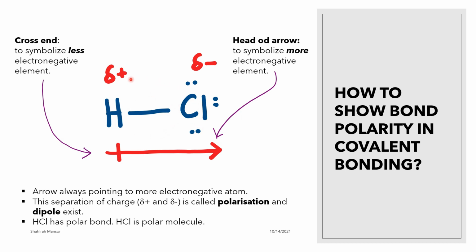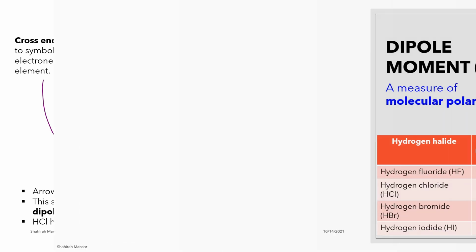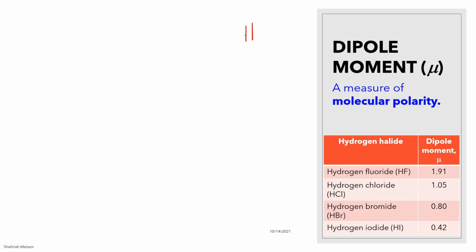So here HCl has polar bonding, so the whole molecule will be polar molecule. HF is a polar molecule because the only bonding here adalah polar. So bila bond ini adalah polar, maka the whole molecule ini akan menjadi polar.